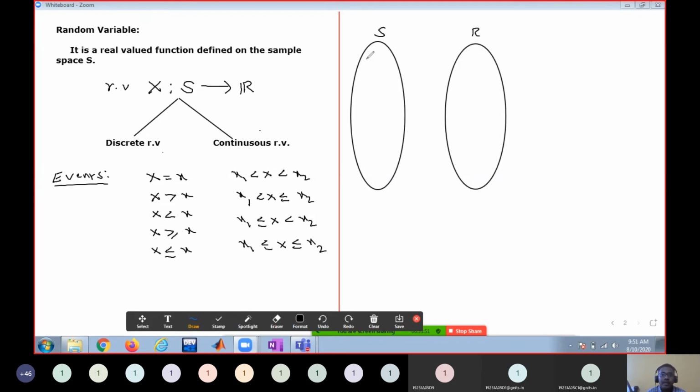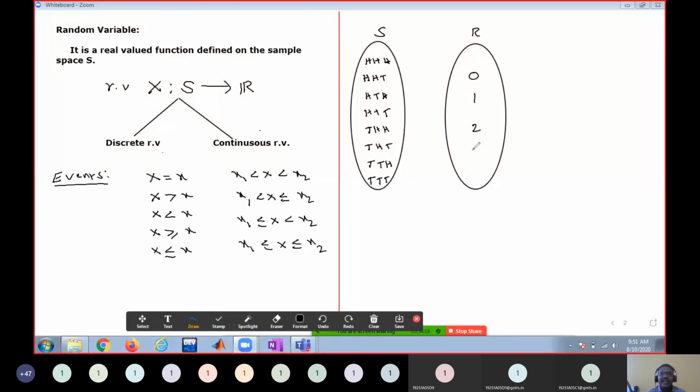Our sample space is HHH, HHT, HTH, HTT, THH, THT, TTH, TTT. Now we have seen the possible values of this are 0, 1, 2, 3.